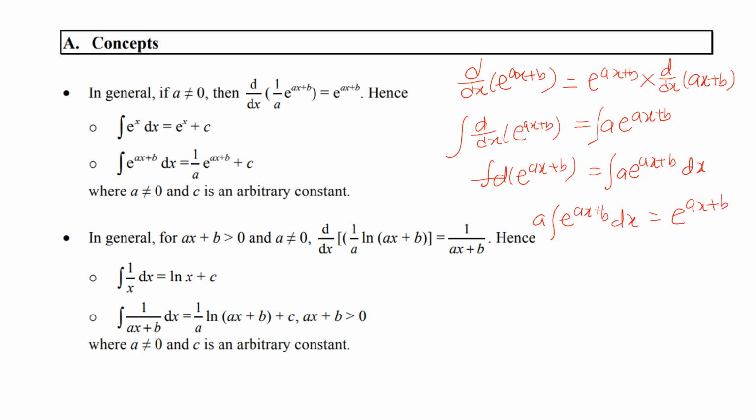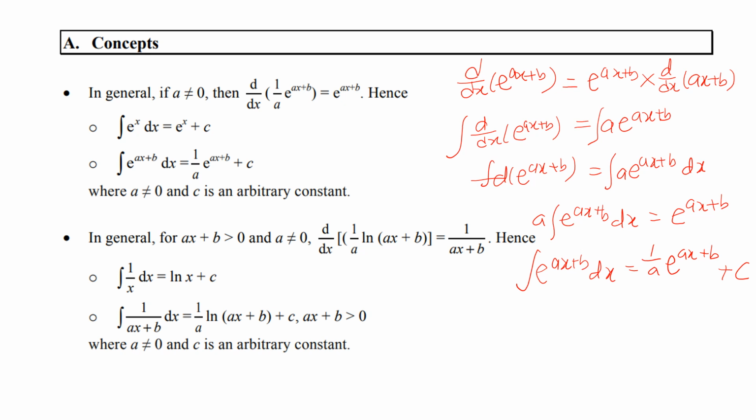And I'm going to divide by a, but dividing by a is the same as multiplying both sides by 1 over a. Right, so integrating e to the power of ax plus b will give you 1 over a e to the power of ax plus b, and of course not to forget our constant c.